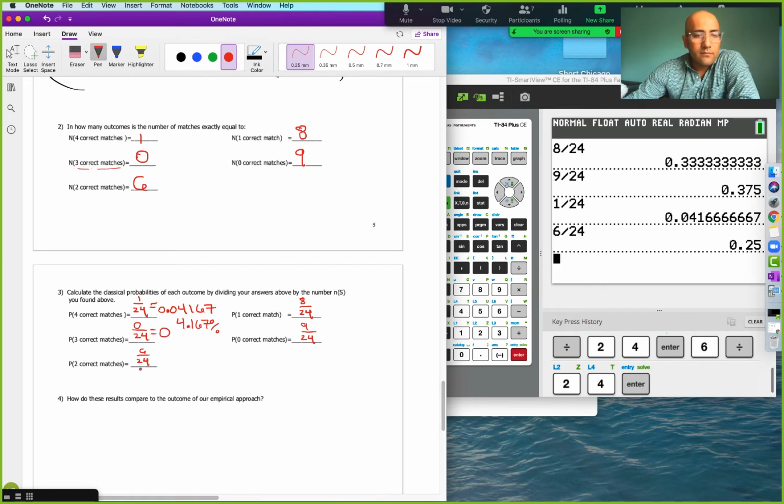Can't happen. 6 out of 24 is equal to 0.25, which turns into 25%. 8 out of 24 is equal to 1/3, which is approximately 0.33, or 33%. And 9 out of 24 becomes 0.375, which is equal to 37.5%.